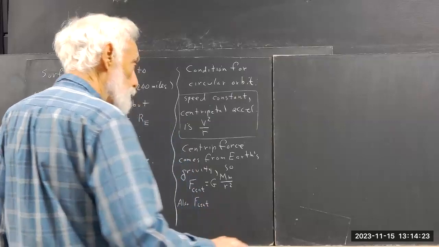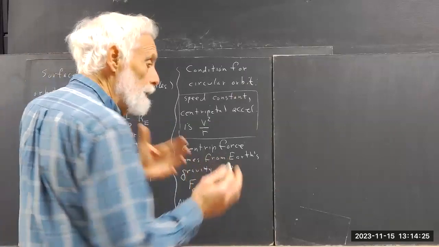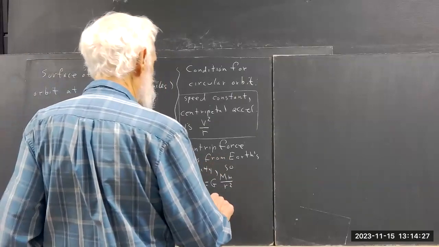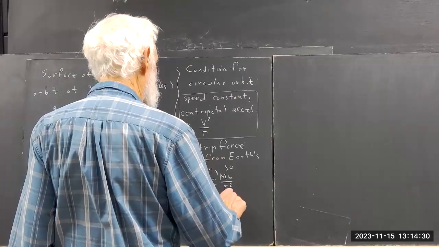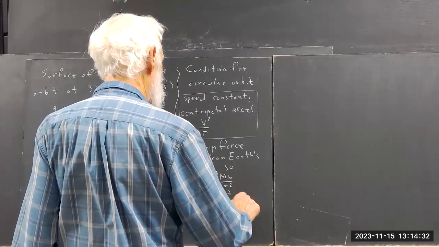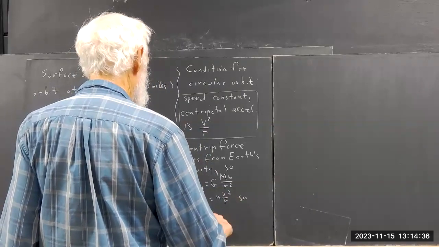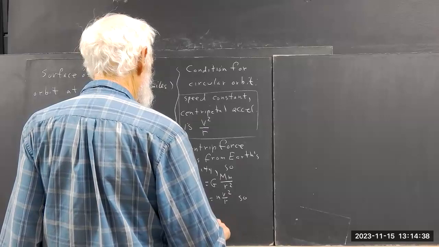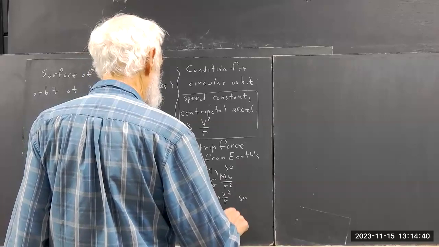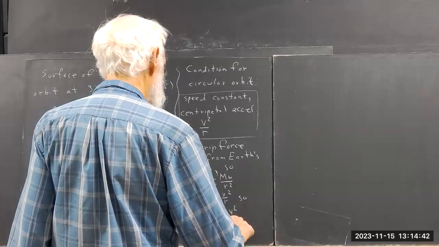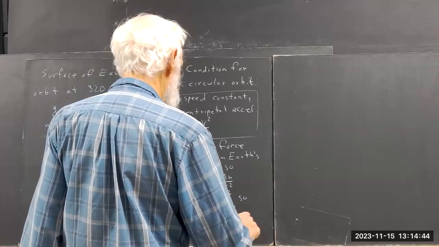Now, also, if you are in a circular orbit, you are at constant speed, and the centripetal force is m v squared over r. So big G, big M, little m over r squared equals m v squared over r.